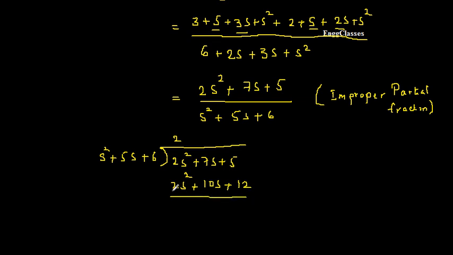So just subtract the term, just put the negative sign. These will cancel. I'm going to get 7s minus 10s, turns out to be minus 3s. 5 minus 12 turns out to be minus 7.